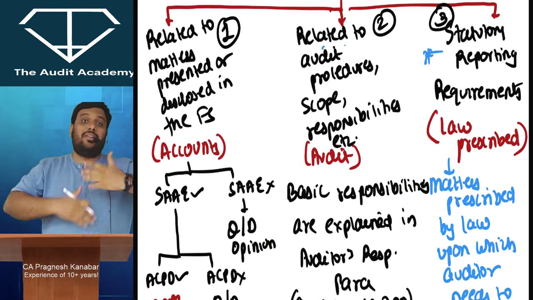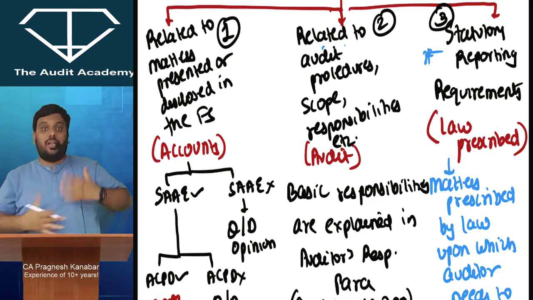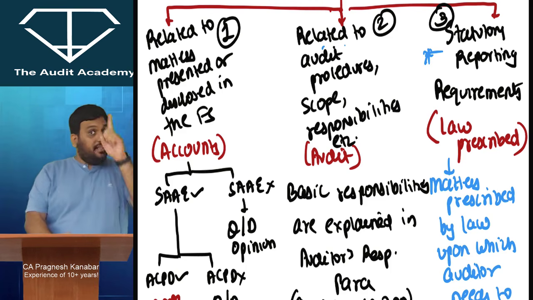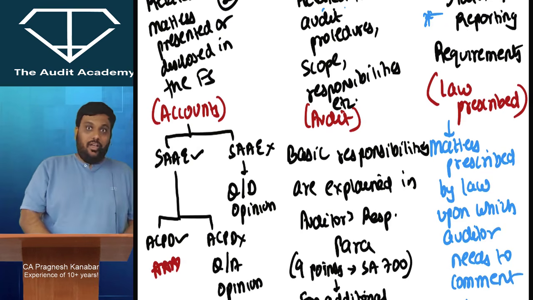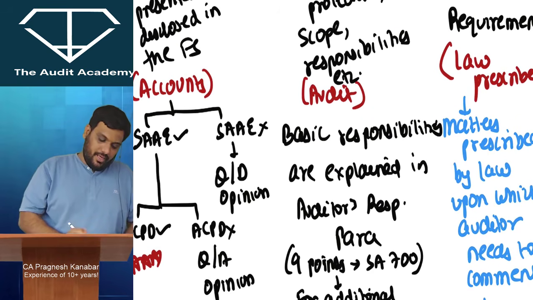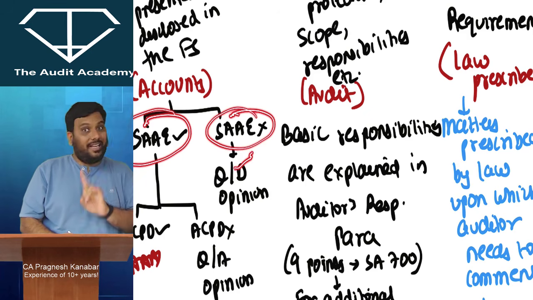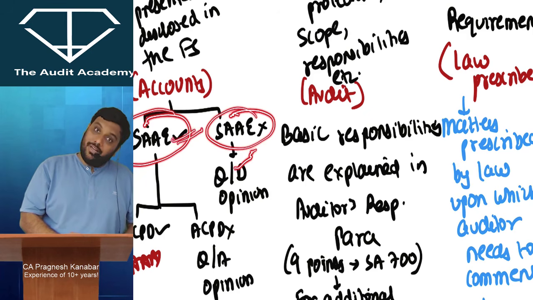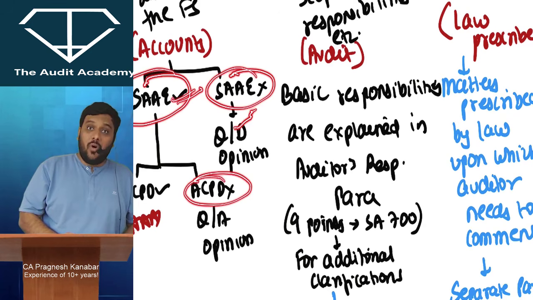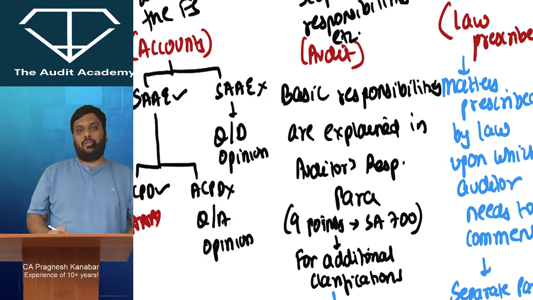So you want to talk about transactions, balances, disclosures, accounts. Right? Then the first thing is clear your opinion. Whether sufficient and appropriate audit evidence has been obtained or not obtained. Not obtained, then qualified or disclaimer of opinion. If it is obtained, and if ACPD, amount, classification, presentation, disclosure, is wrong, then qualified or adverse opinion.